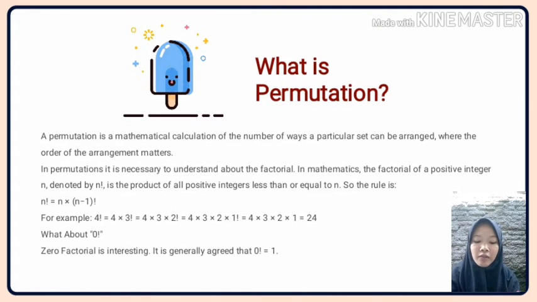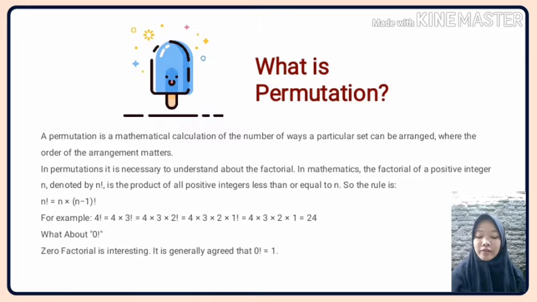For example, 4 factorial equals 4 times 3 factorial equals 4 times 3 times 2 factorial equals 4 times 3 times 2 times 1 factorial equals 4 times 3 times 2 times 1 equals 24.